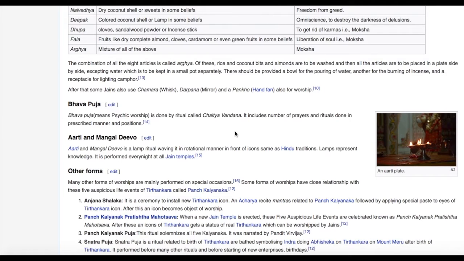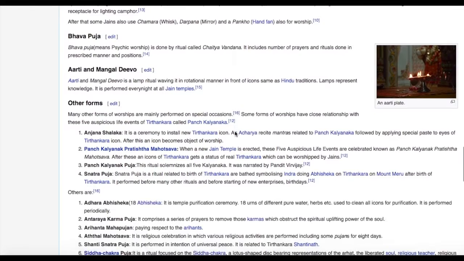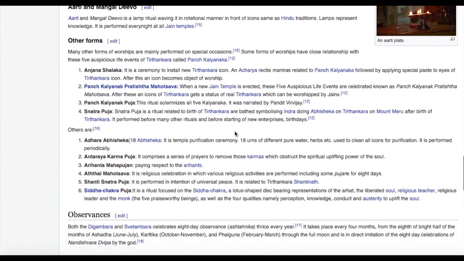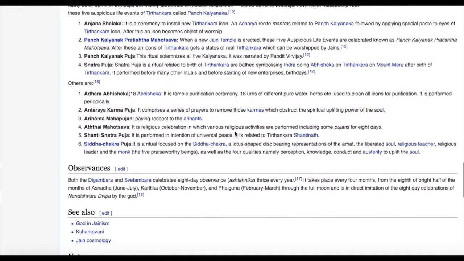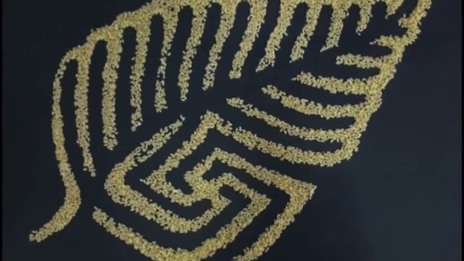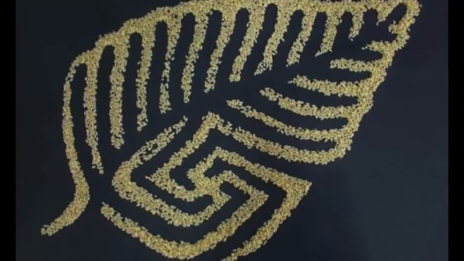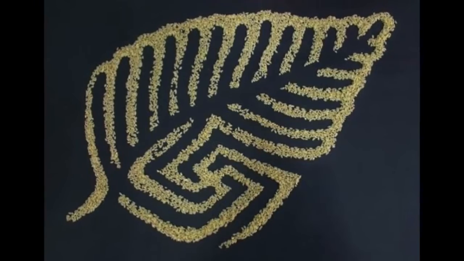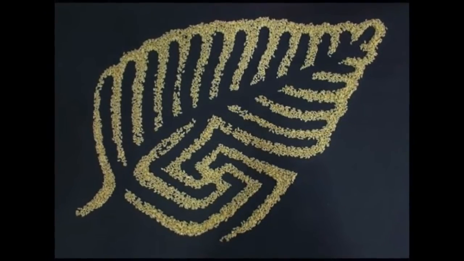At the top of the symbol is a curved arc with a dot representing a liberated soul and its final destination. The overall outline represents the universe, the 7 hells, the earth and planets, and the heavenly abodes. In Europe and North America, Jains, aware of the negative meaning attributed to the swastika, replace it with another symbol, such as the holy word Om.